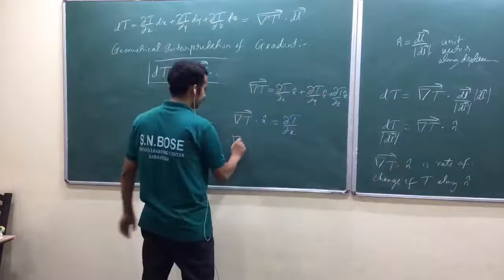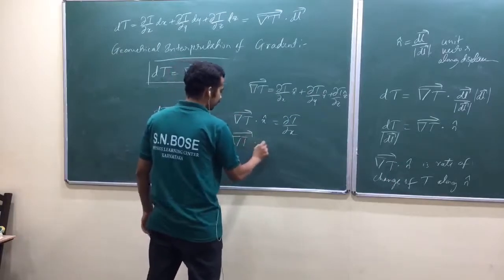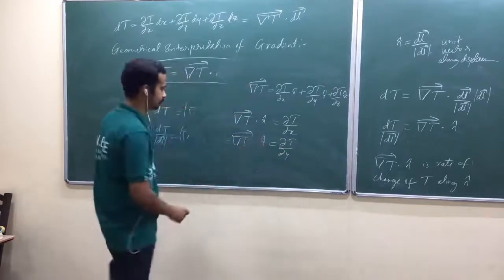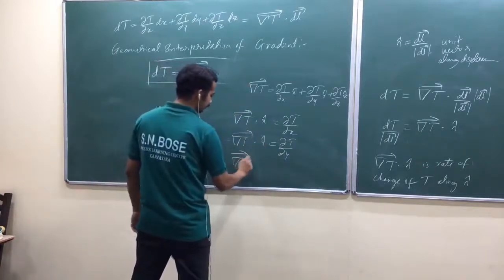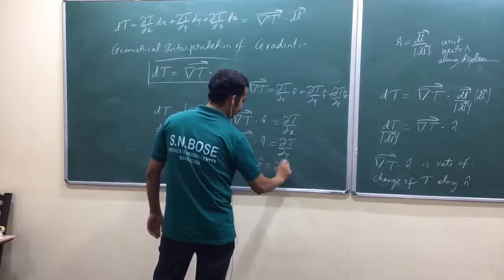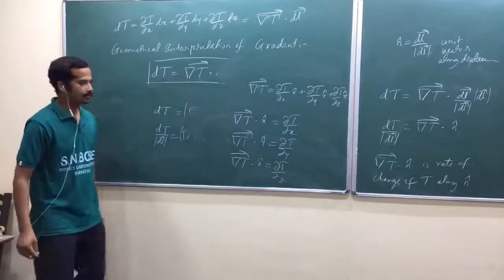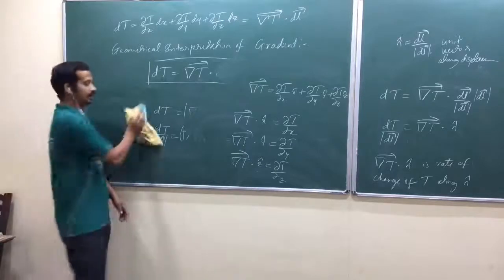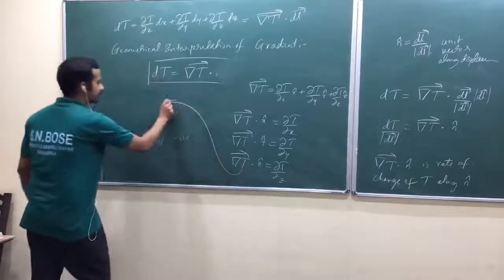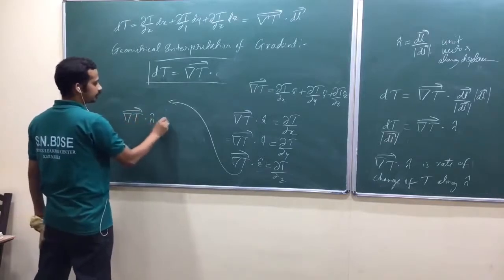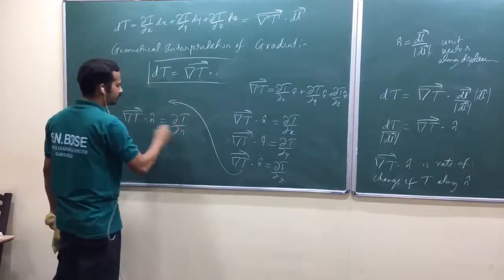Am I right? Similarly, del t dot y cap, what is this one? Dou t by dou y, directional derivative along y axis. So del t dot z cap, what is this one? Dou t by dou z, directional derivative along z axis. Isn't it? So similarly, look at here, I better write like this, that's the best way. Del t dot n cap is equal to dou t by dou n, let me write like this.